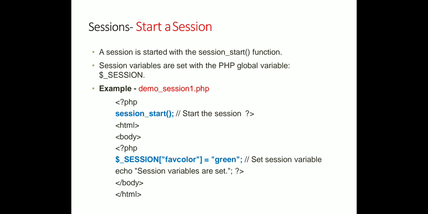So I have used the $_SESSION variable, and the favorite color variable is holding the value green. This will be your output as well, and that is the end of the program. So it is very simple to start a session with PHP.